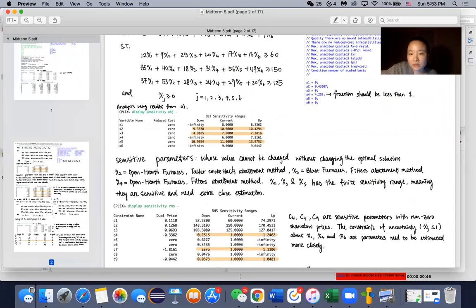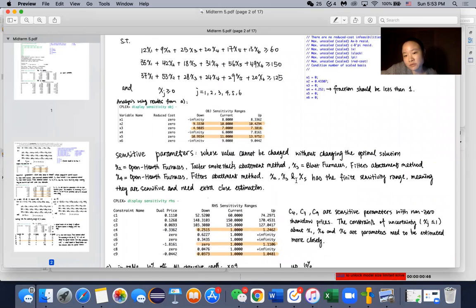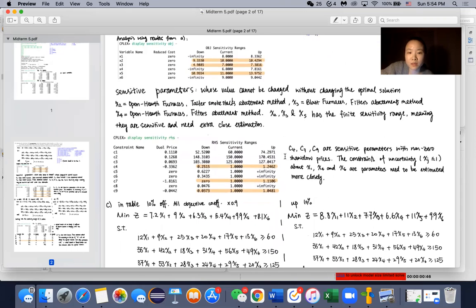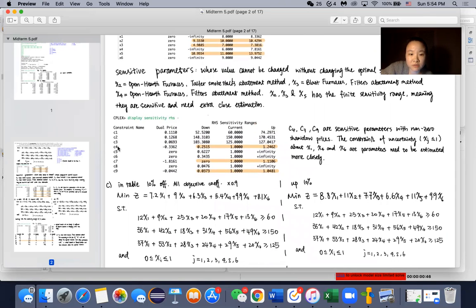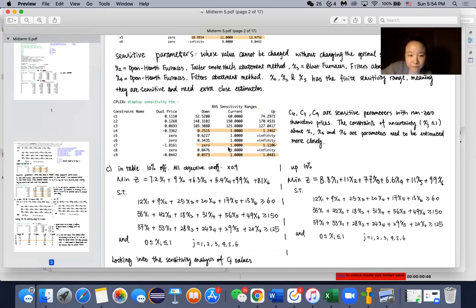I got that x2, x3, x5 have a finite sensitivity range, meaning that they are sensitive and need a closer estimation. These are the sensitivity parameters with non-zero shadow price, specifically the constraints of uncertainty about x1, x4, and x6.